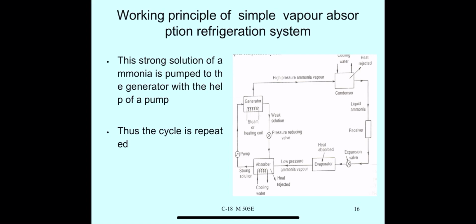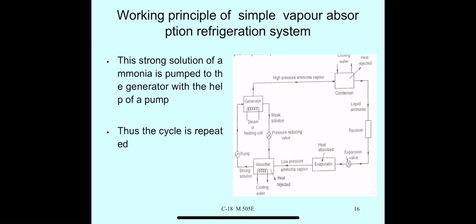The ammonia is sent to the condenser. The weak solution, the water, is sent through the pressure reducing valve to the absorber. Again the two are mixed in one place, the absorber, and it becomes the strong solution. Strong solution is nothing but ammonia plus water.